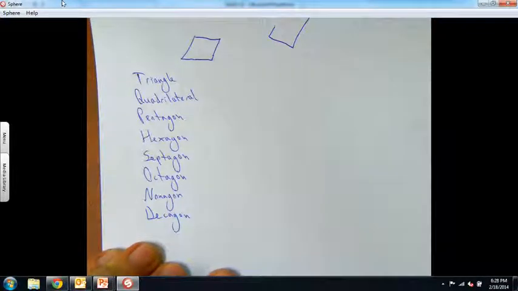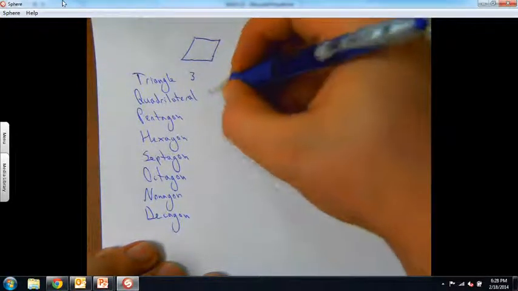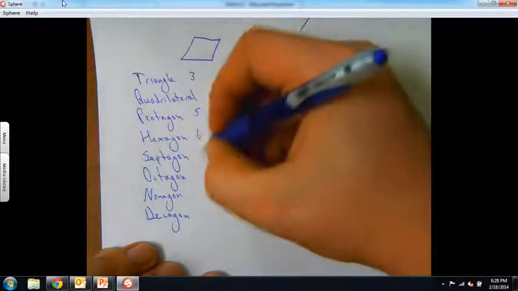Now, this is an order as far as a 3-sided figure, 4-sided, 5-sided, 6-sided, 7-sided, 8-sided, 9-sided, and a 10-sided figure.